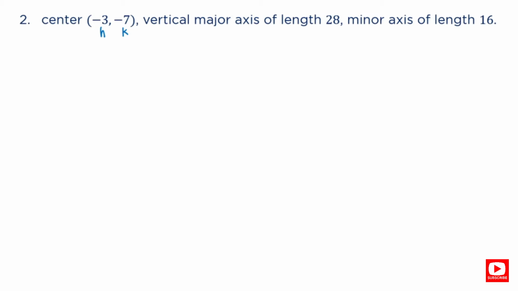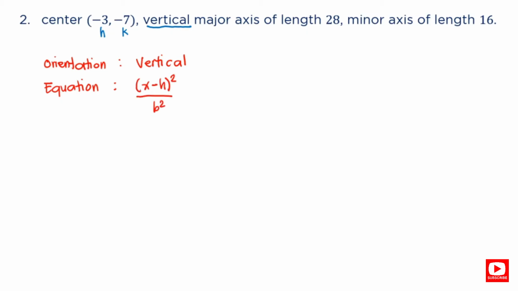And since our major axis is vertical, thus we can say that the orientation of this ellipse is vertical. Okay? Since vertical ang ellipse natin, ang form naman ng standard equation will be x minus h, quantity raised to 2 all over b square, plus y minus k, quantity raised to 2 all over a square, equal to 1.